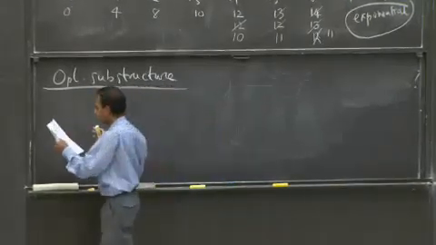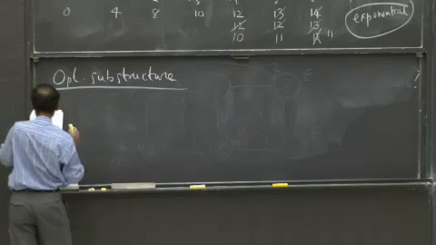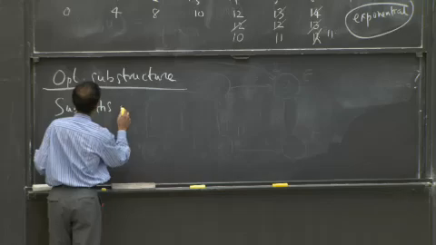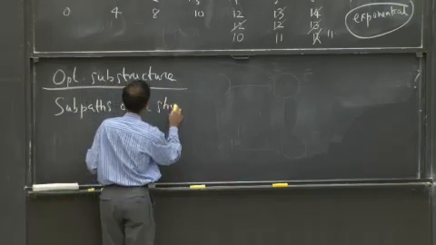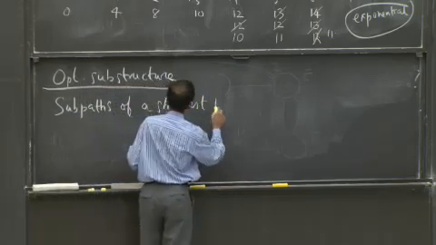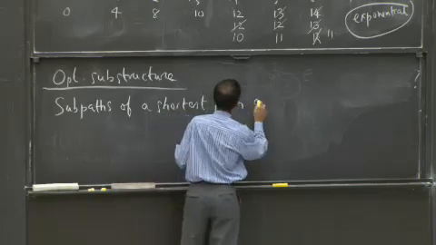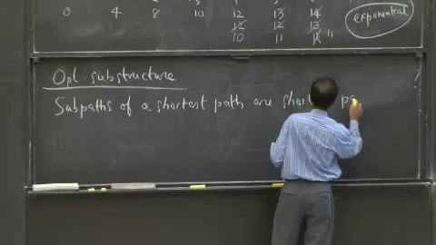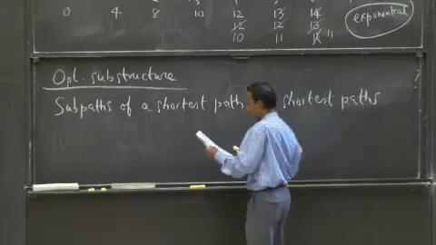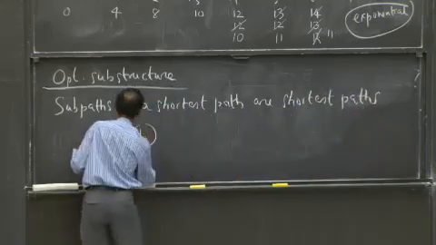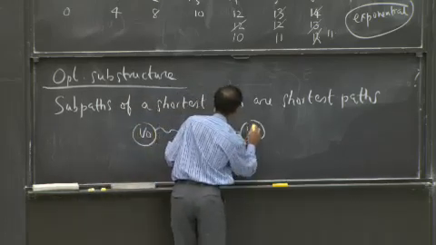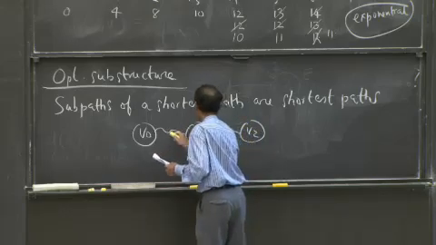using two very simple theorems that you can prove in literally a line of text. And the first one says subpaths of a shortest path are shortest paths. Okay? And all that means is if I had V0 and I went to V1 and I went to V2, and these are paths here.